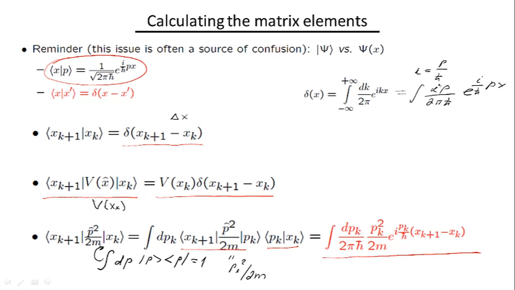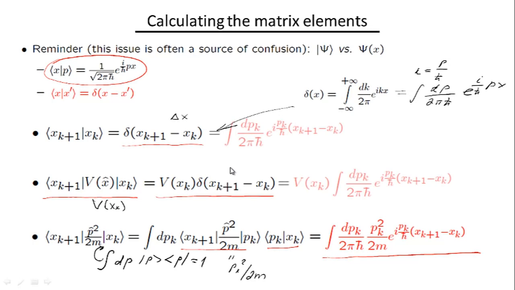It's essentially the same expression for the delta function, and we can use it to write the matrix element in terms of these integrals. You see that all three matrix elements that appear in our previous calculation can be written in a very similar fashion.